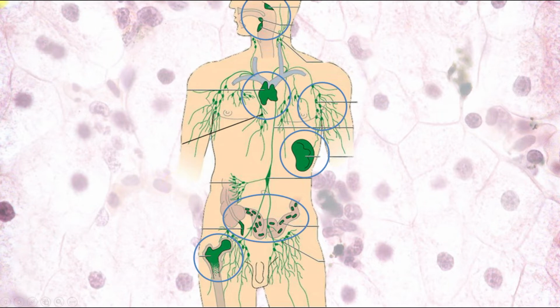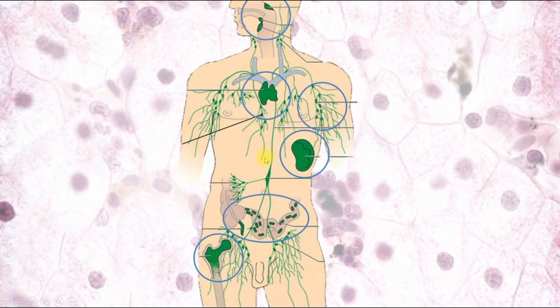We have such immune organs as thymus, red bone marrow, spleen, lymph nodes, tonsils, and also mucosa-associated lymphoid tissue, which in some classifications includes tonsils. And all those organs may be divided into two main groups.